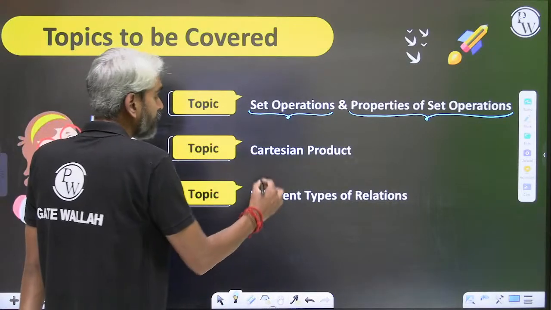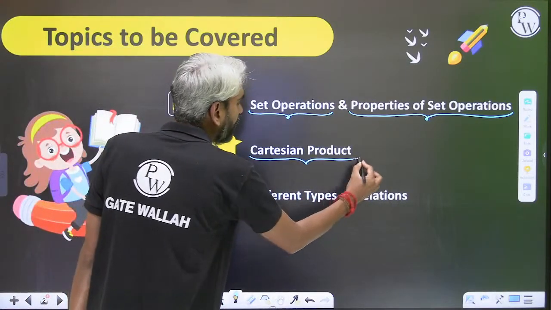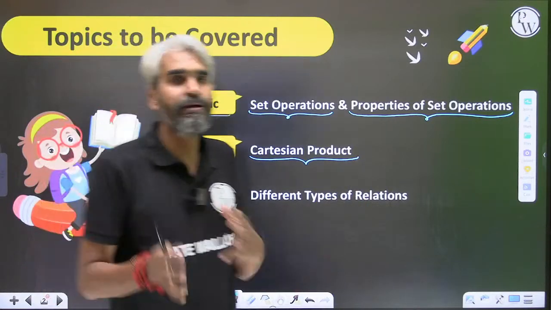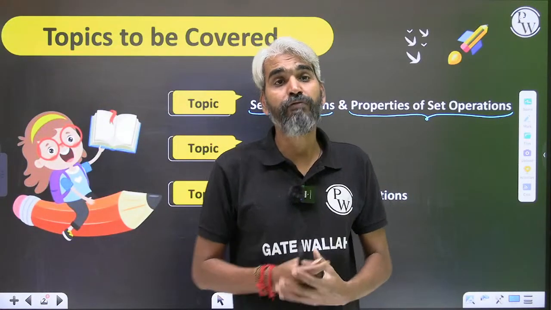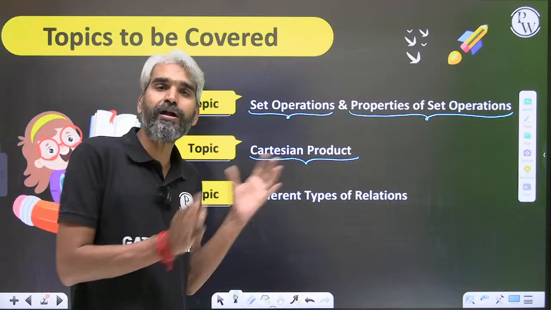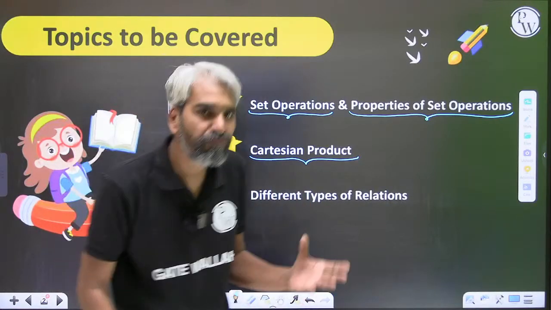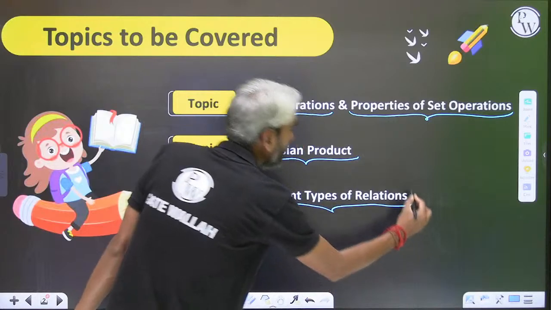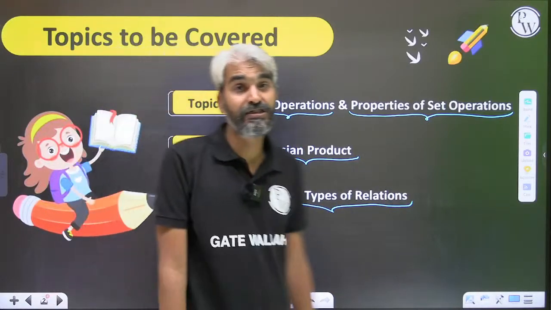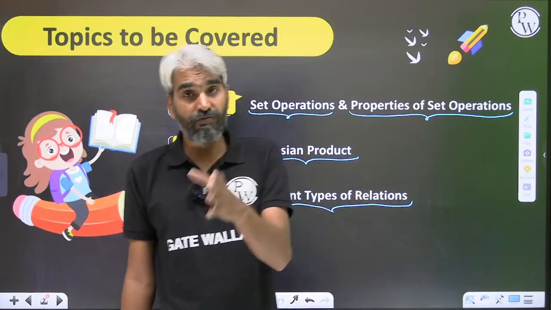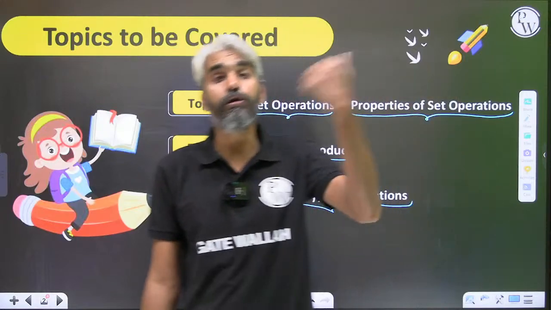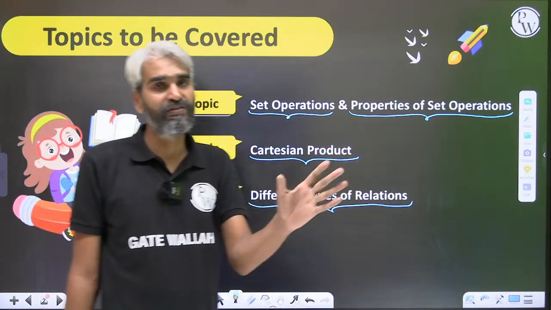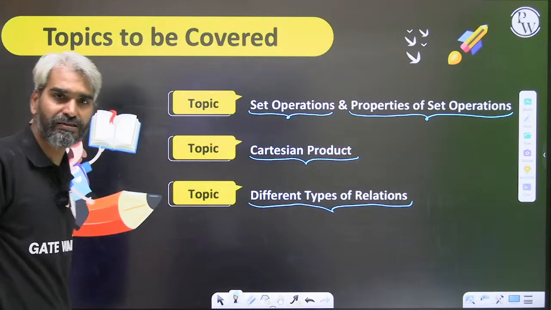Apart from that, we'll try to understand the concept of Cartesian product, how we perform the Cartesian product of two different sets and what it actually represents. We will also understand the different types of relations which are possible from one set to another set or on the same set. So these are the different things which we are going to discuss in today's session.